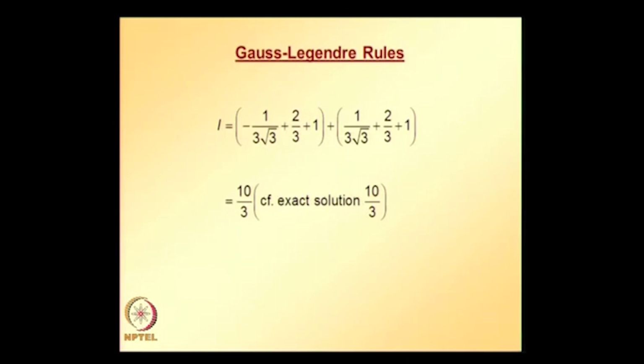So, we can integrate a function up to order 2n minus 1 exactly if we adopt n number of points. So, the 2-point Gauss-Legendre rule integrates cubic functions exactly. And this procedure can also be extended for more number of points.